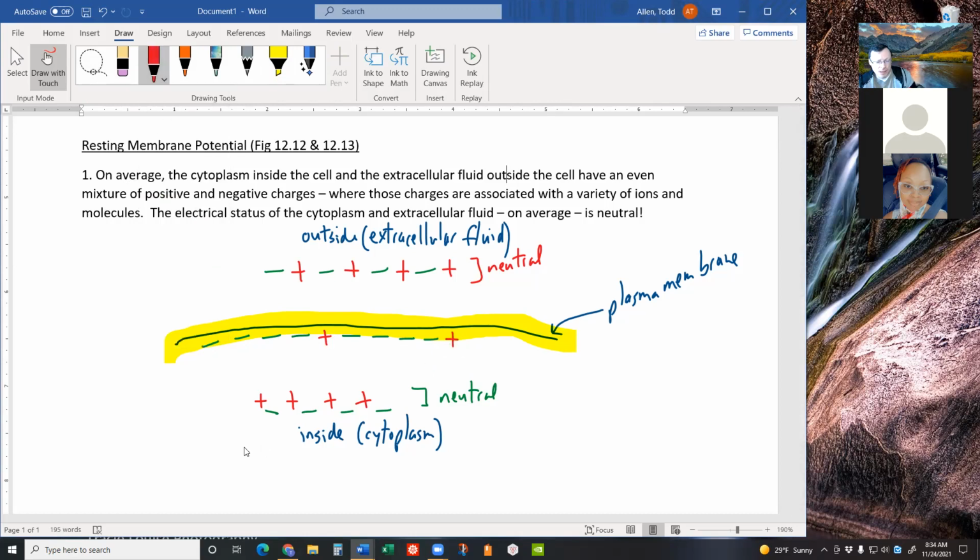Okay, so what I'm telling you is that the inner surface of the plasma membrane in a resting cell is overall negative. Okay. Overall negative.